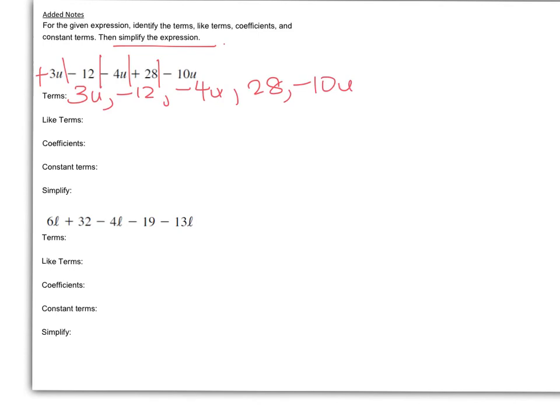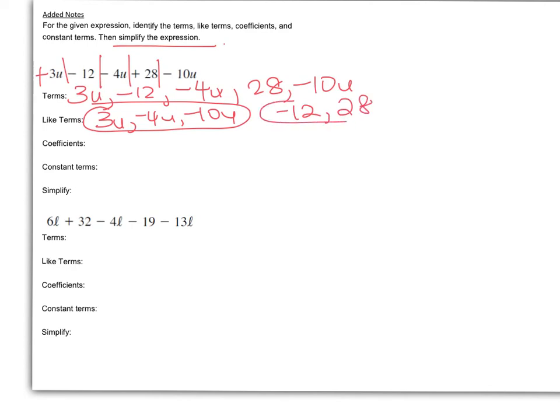And your like terms would be 3u, negative 4u, and negative 10u. And you can circle these. And your constants are also like terms. So you have negative 12 and 28. And circle these. Then here you have your coefficients: 3, negative 4, and negative 10. Constant terms would be negative 12 and 28.